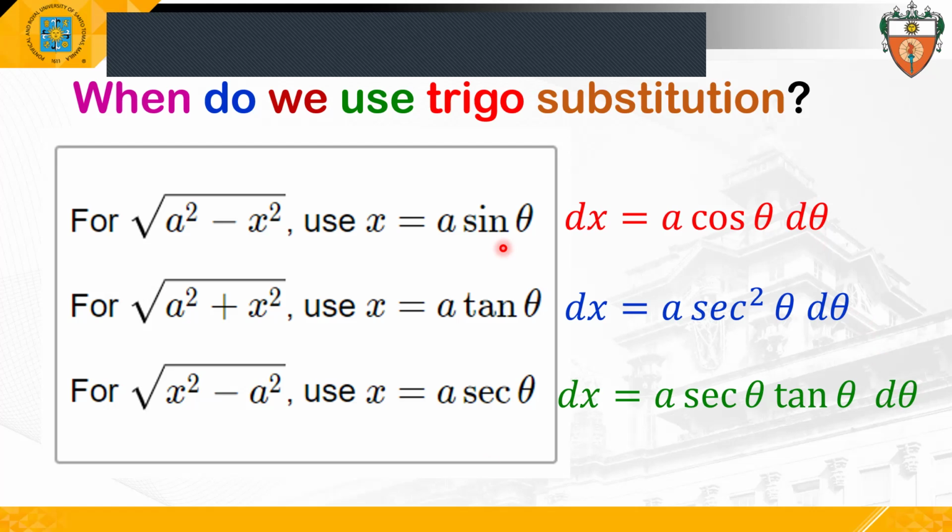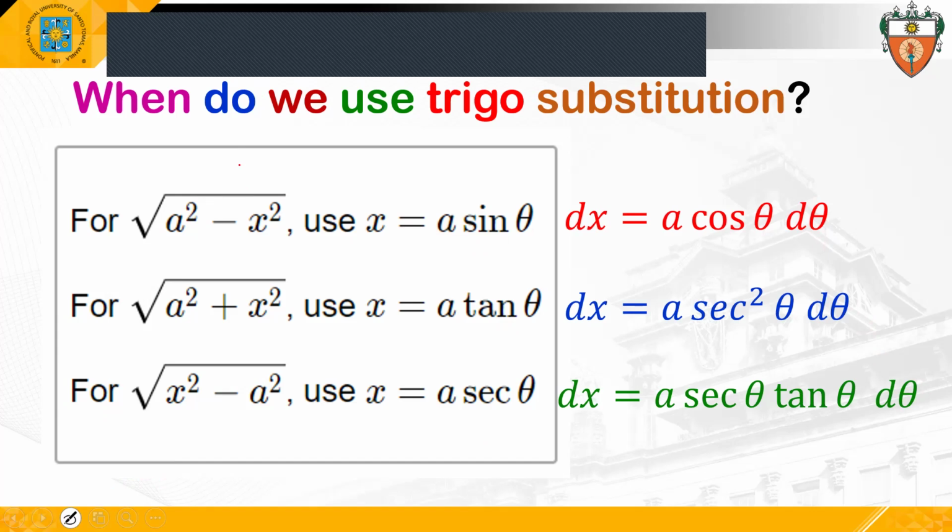Okay. Now, why did we choose these ones? So anong mangyayari dyan pagka nag-substitute tayo ng x equal to a sine theta? Why did we choose this particularly for an integral having this form? Okay? So ang mangyayari po kasi, let me get my pen.